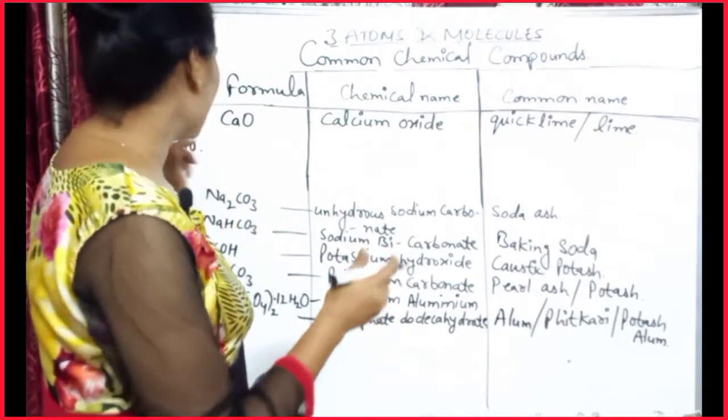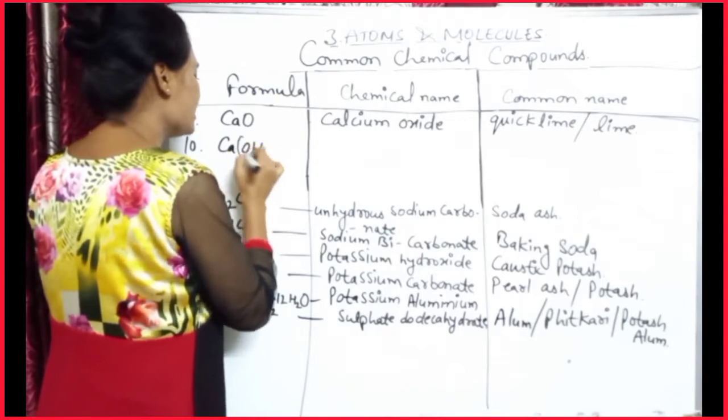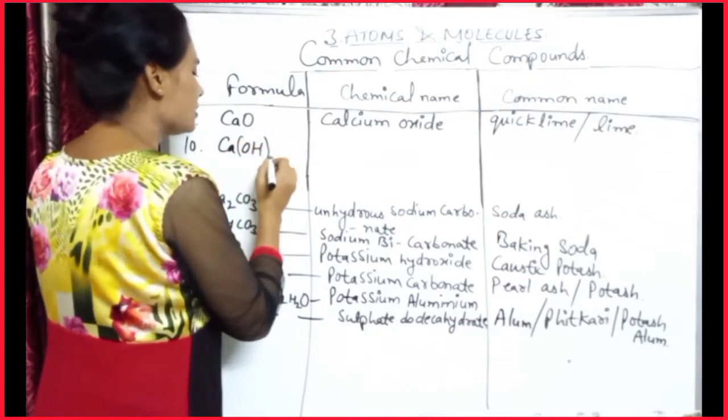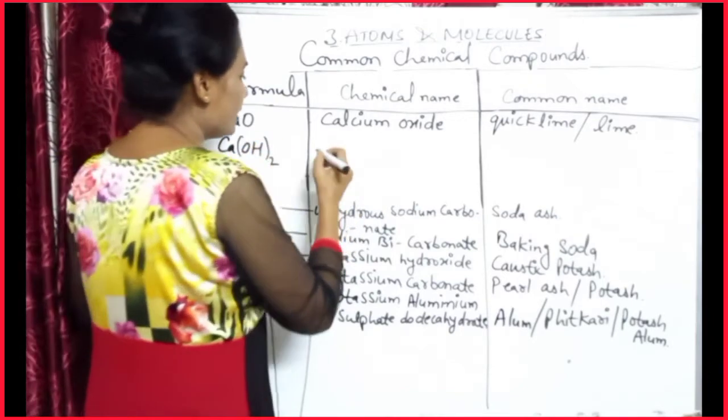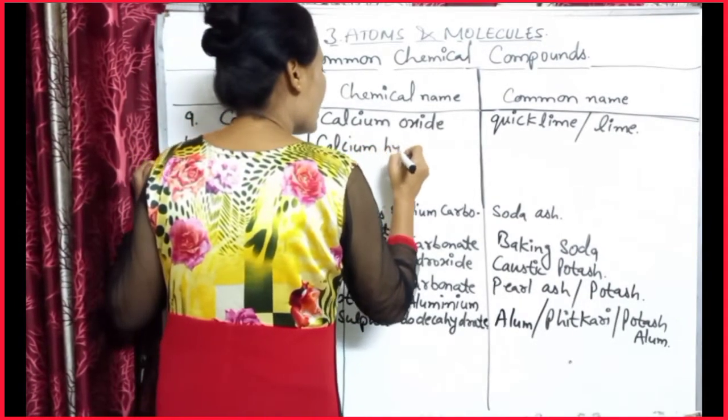So next we can take Ca(OH)2, that is calcium hydroxide. So we can write calcium hydroxide.